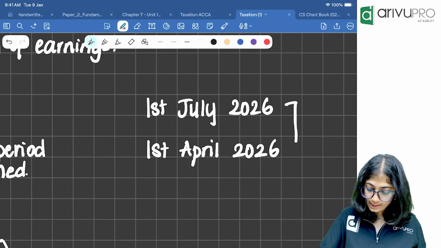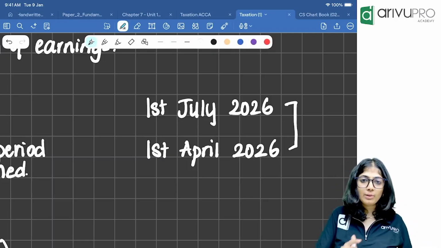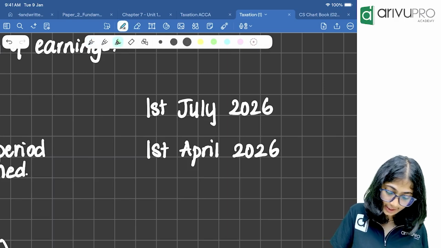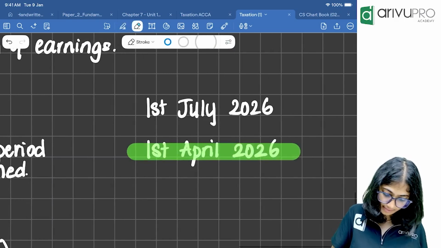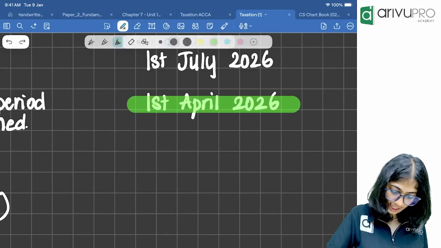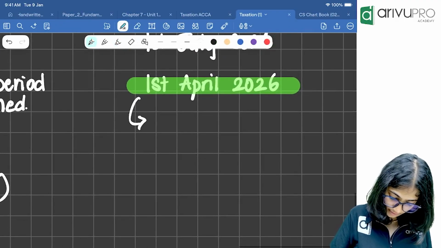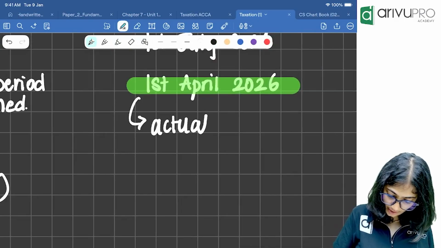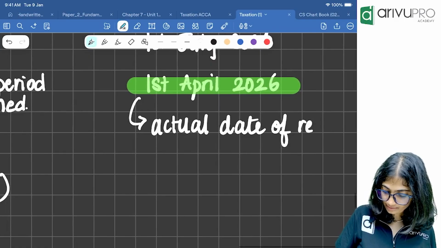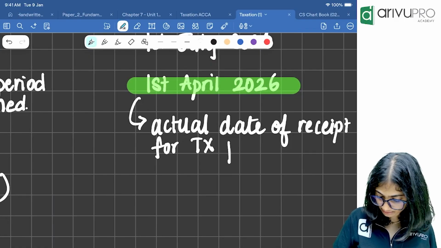Now, what is the earliest of these two dates? July will come first or April will come first? April will come first. So, this will be considered the actual date of receipt for taxation purposes.